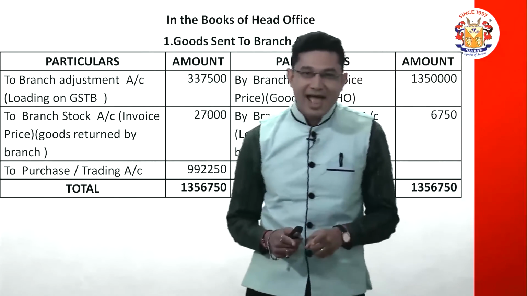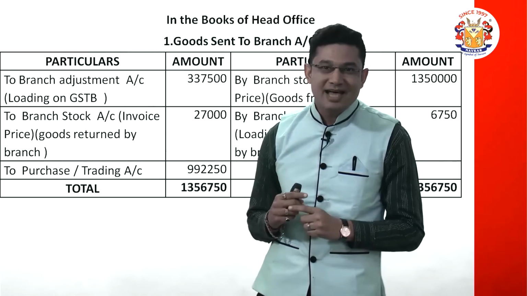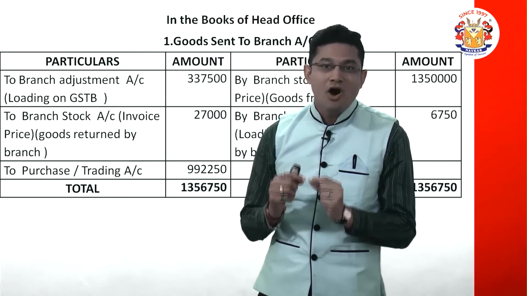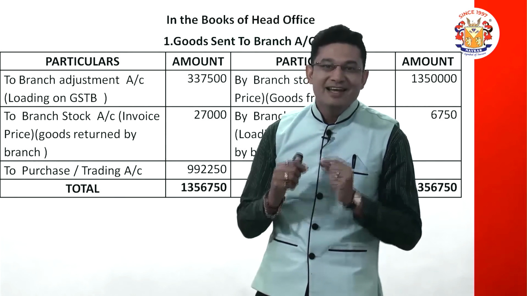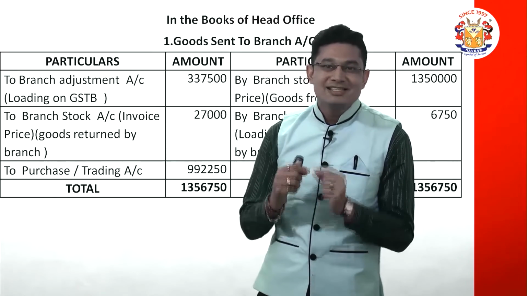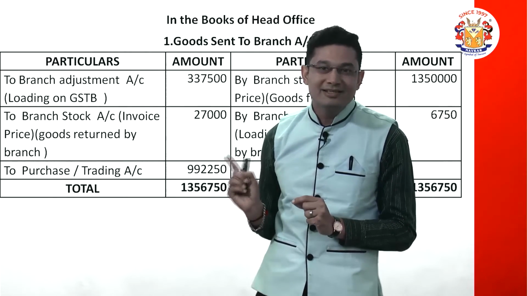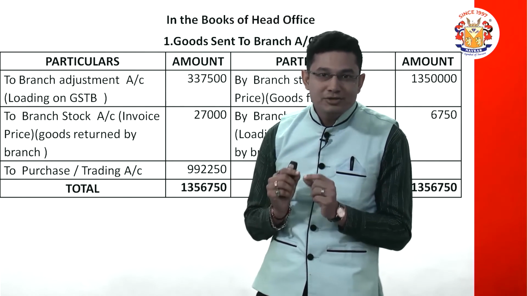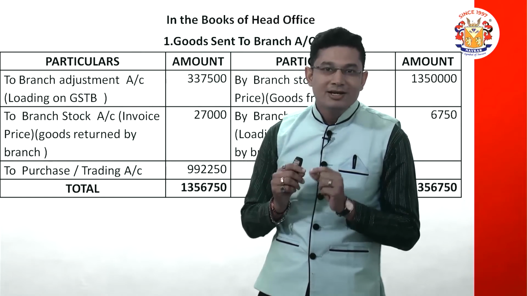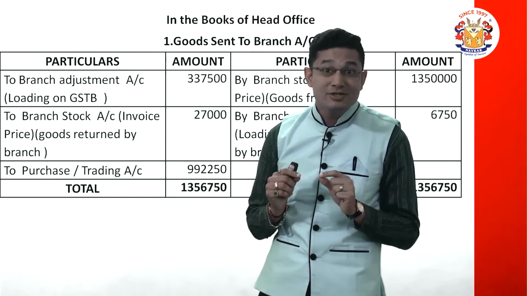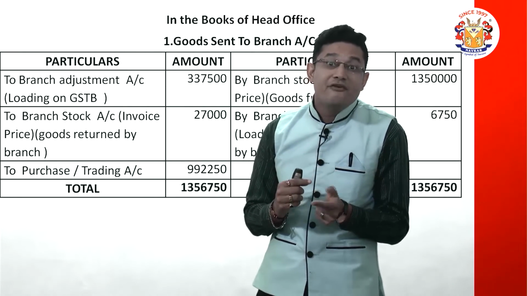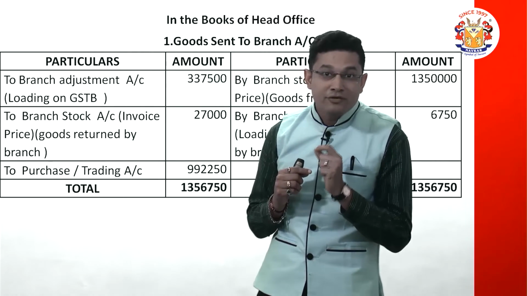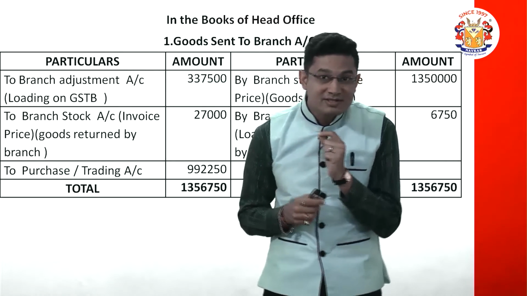Ultimately, we will get the difference on the debit side of goods sent to branch, which is nothing but net cost of goods sent to branch, and this difference will be transferred to purchase or trading account. I will also discuss the journal entries which can be interpreted at the time of concluding accounts.